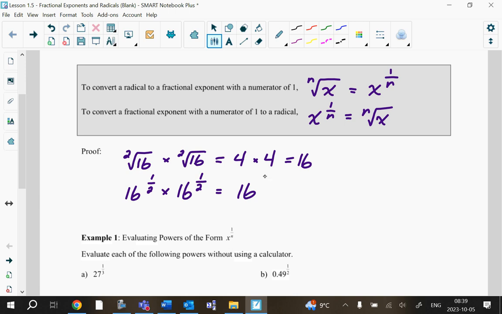And what is 16 to the first? 16. Notice these two give you the exact same answer. So therefore, the square root of 16 must equal the same thing as 16 to the 1/2. And you can do that with any example. That's why it works the way that it does.